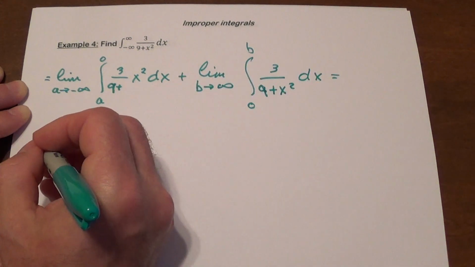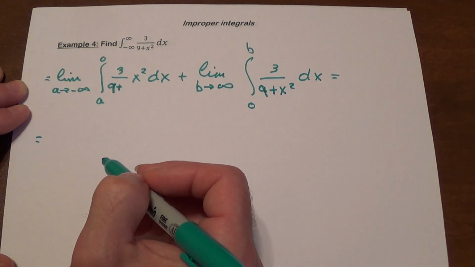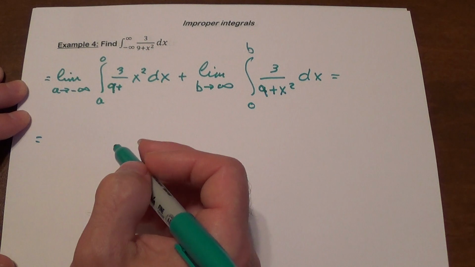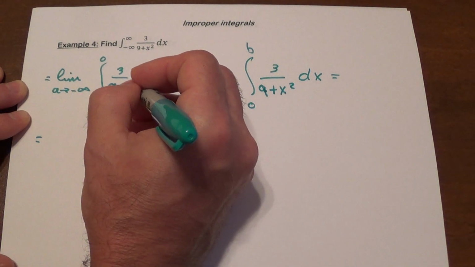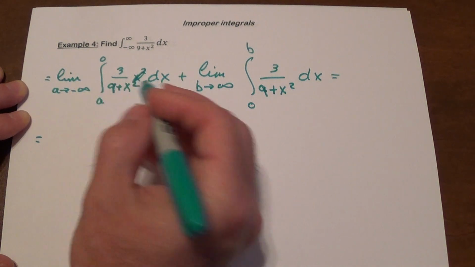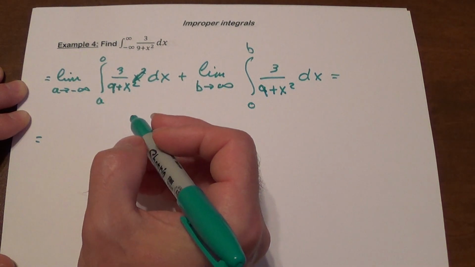Now that we have both of them with limits, we can go ahead and find the antiderivative, which is arctan of x over 3.